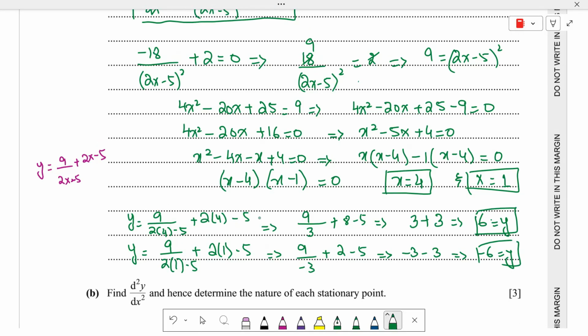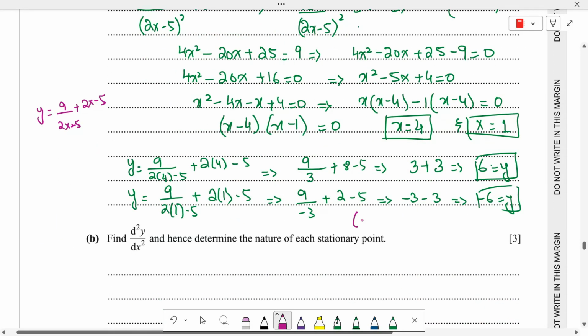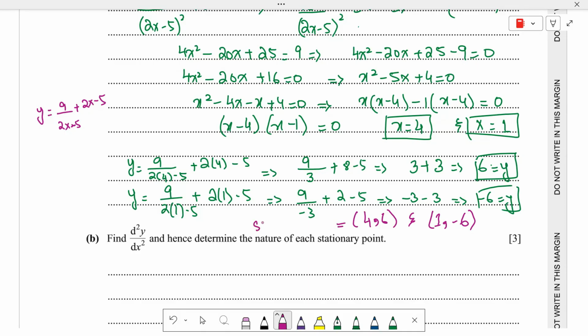So we can say that the stationary points are 4, 6, and the second one is 1, negative 6. These are the stationary points.